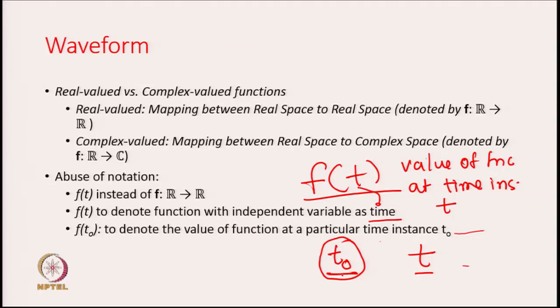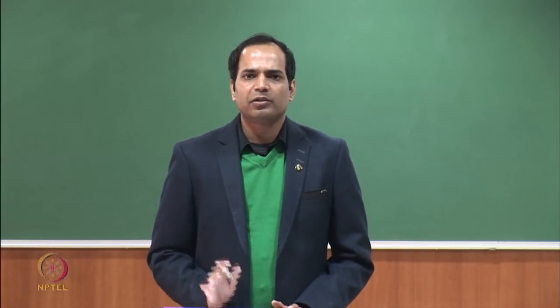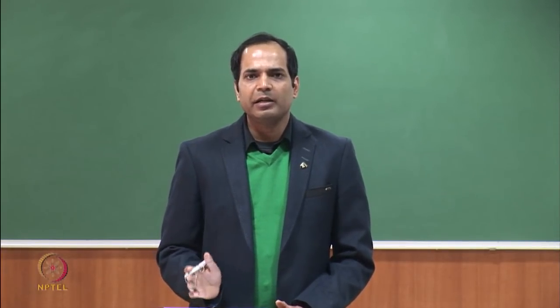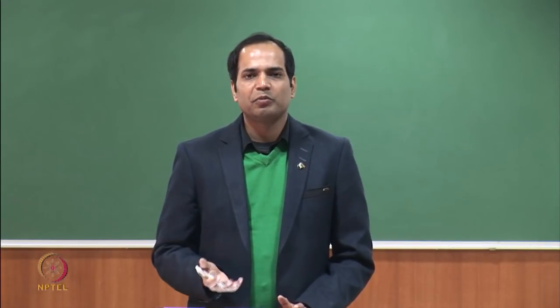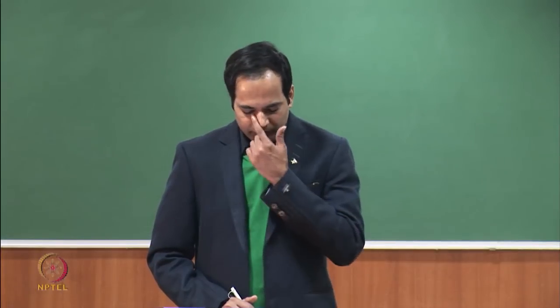When we say t naught, it means a specific value of time. So, when I talk about f of t naught, it means the value of the function at a particular time instance t naught. When I just write f of t, it simply means that this is a function with independent variable as time. So, this distinction has to be made. This is not precisely how things should have been done, but this is what has been done in most books, and we will continue to use this notation.